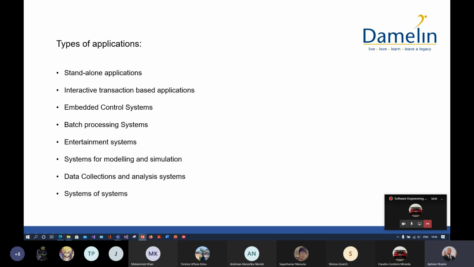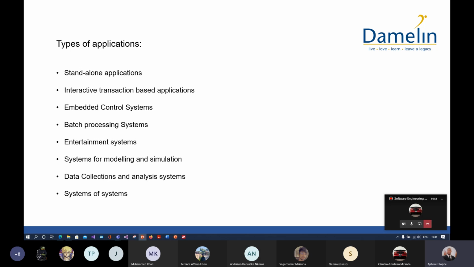Sorry about that. Embedded control systems. If you picture the way your printer operates, embedded systems are there to control hardware. And the system that's installed onto your printer is an example of an embedded control system because it's there to control the hardware, which is the printer, right? So that's an example of embedded control systems.